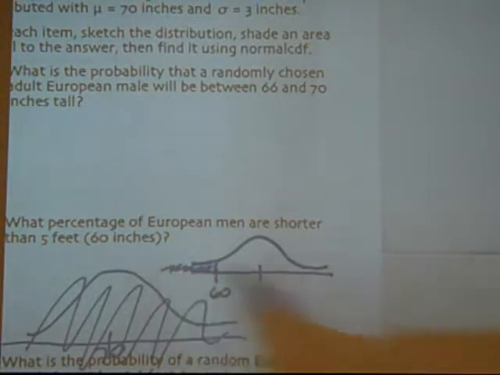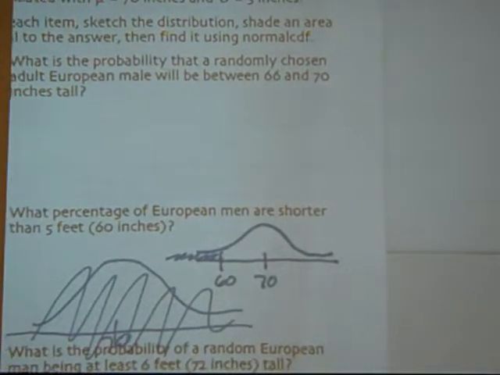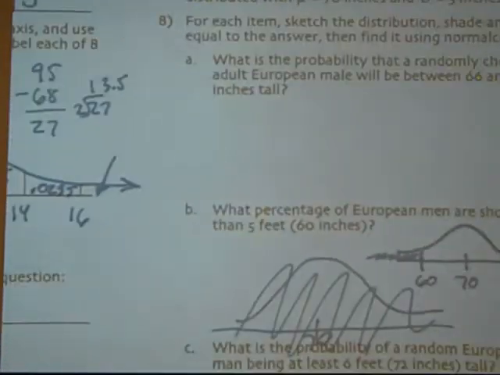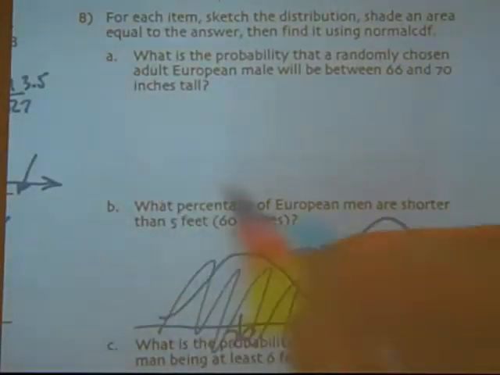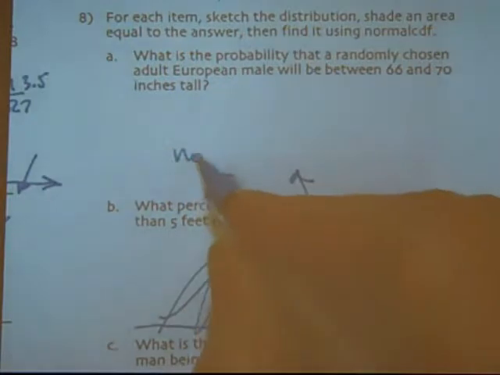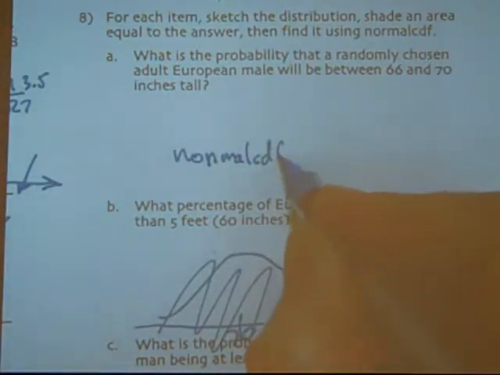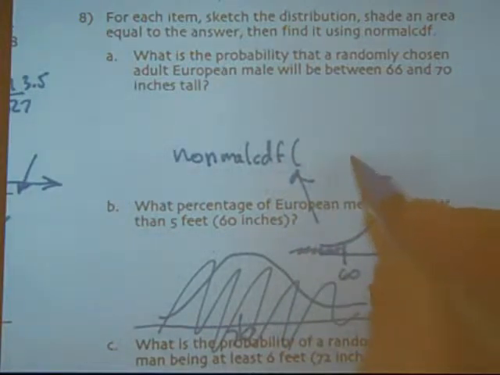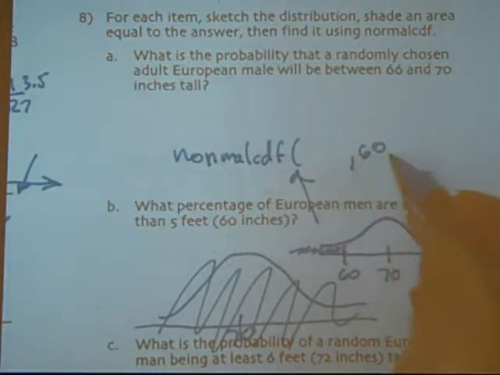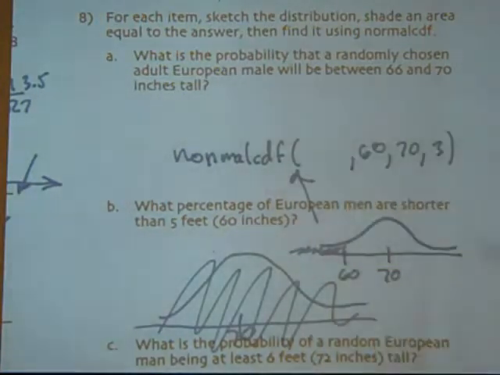But you're trying to find this area that goes down to negative infinity, right? So your setup for that one is going to be normal CDF, lower endpoint, upper endpoint, mean, standard deviation. But the lower endpoint is negative infinity, right?